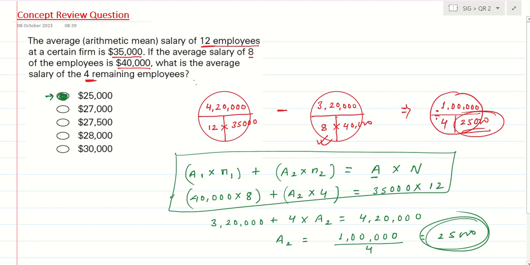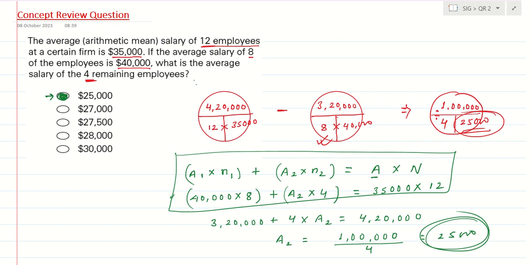And I know the sum of salaries of all the employees. How do I do it? 12 into 35,000. So the remaining salary is 1 lakh, and this 1 lakh must be distributed among the remaining 4 employees. So dividing by 4, I'll get 25,000 average. Option number A.